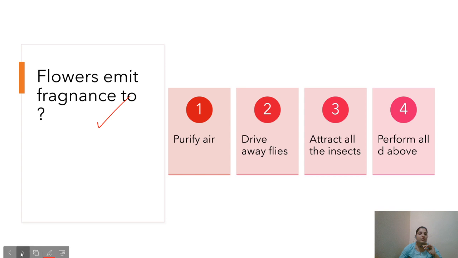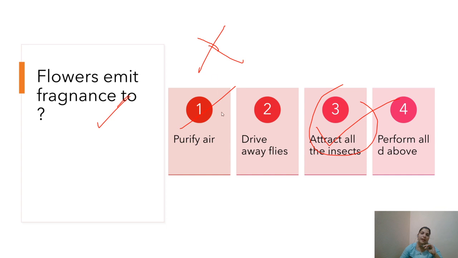Let me tell you the answer. The option will be 3. In order to attract insects, flowers emit fragrance. Option 1 will not be the right answer, as they do not purify air. When they emit fragrance, pollen grains are released, and these pollen grains are also a cause of air pollution. So option 1 is wrong. Drive away flies, no, that is the absolute reverse of the answer.